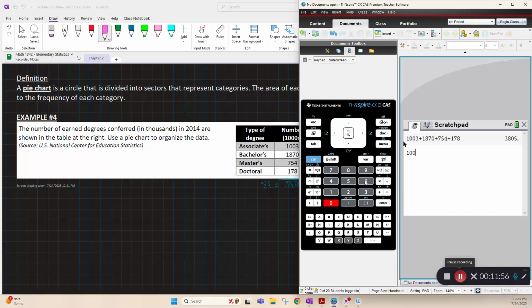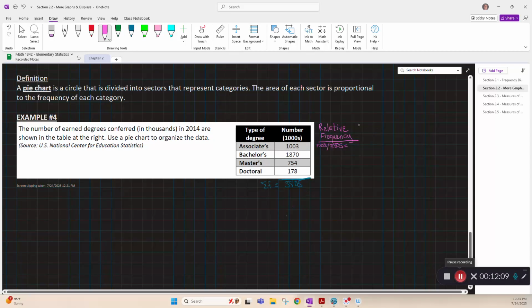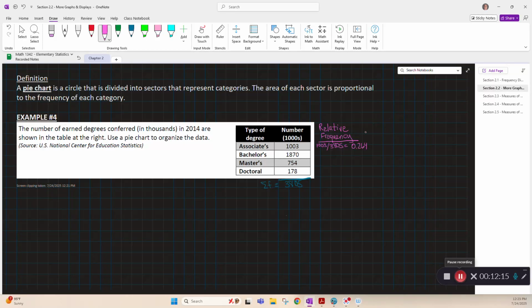That's 0.264 roughly. And then that'll help me get my angle.